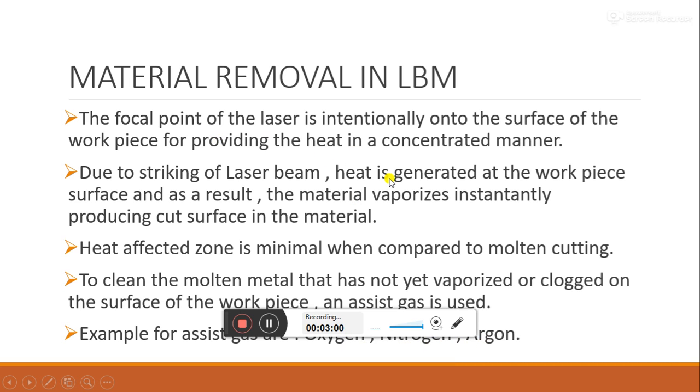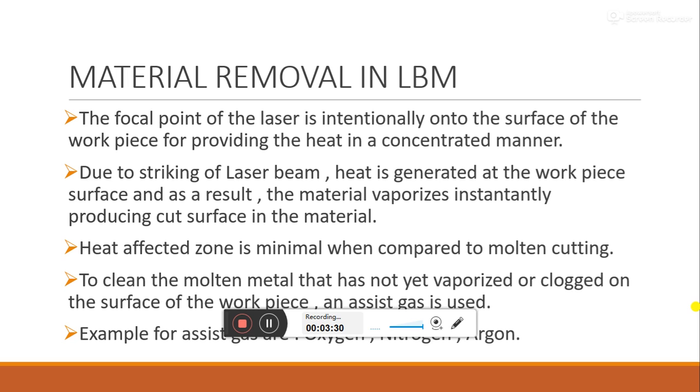Once again, the summary of this slide is that in material removal in LBM, the laser beam is focused on the point where you need to machine, or the point in a workpiece where you have to make the cut, and this is focused to generate heat. This heat melts or vaporizes the material, and thereby you obtain the required cut surface.